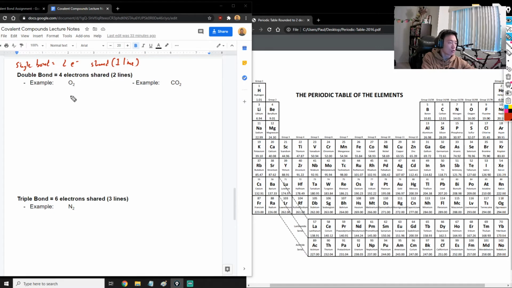So we have O2. We can see that O2 is made out of 2 oxygen atoms. And if you count the boxes, 1, 2, 3, 4, 5, 6, oxygen is going to have 6 valence electrons.